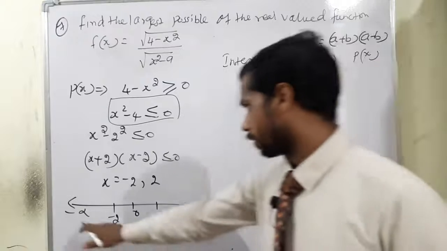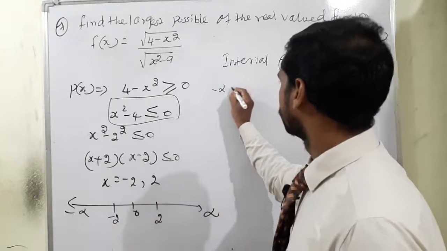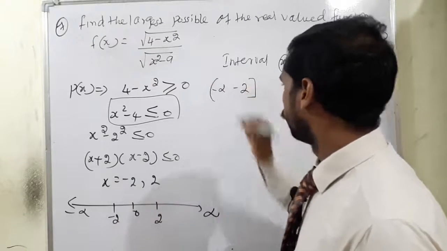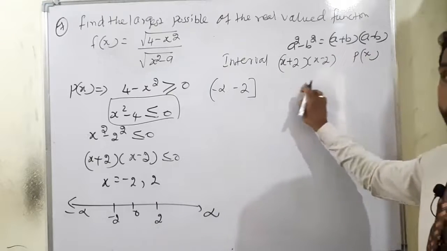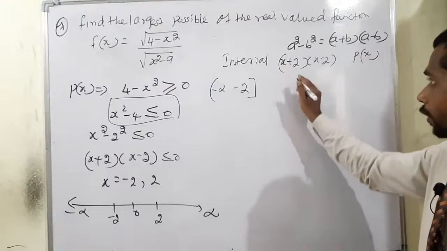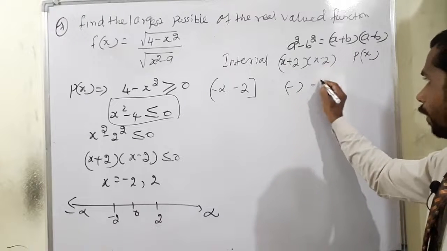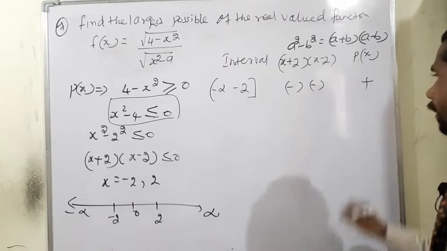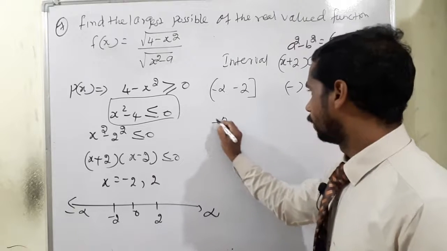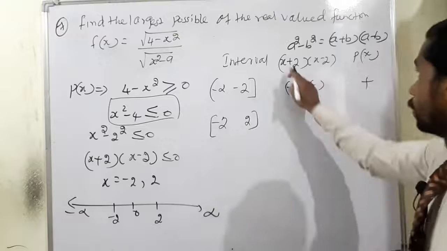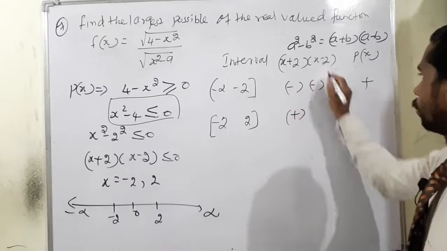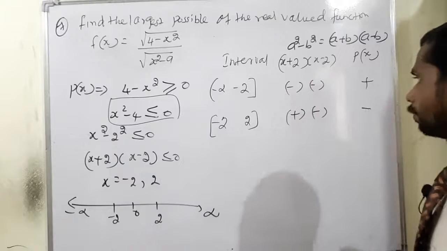So less than means first interval minus infinity to minus 2, open interval. In between, take minus 3 and consider only the sign: minus 3 plus 2 is minus, minus 3 minus 2 is minus, minus into minus is plus. Next condition minus 2 to positive 2, center 0: 0 plus 2 is plus, 0 minus 2 is minus, plus into minus is minus.